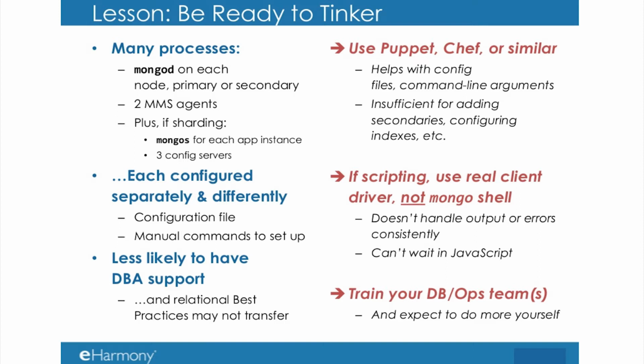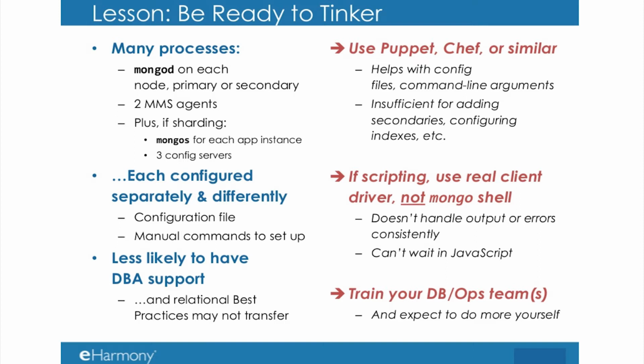If you're using Mongo Monitoring Service, MMS, which I would highly recommend, you're going to have an agent or two for that. If you have a sharded cluster, you're going to have at least one, but possibly as many as one instance per instance of your horizontal application of the Mongo S process, which is the facade for the sharded cluster and directs queries to the appropriate shards.